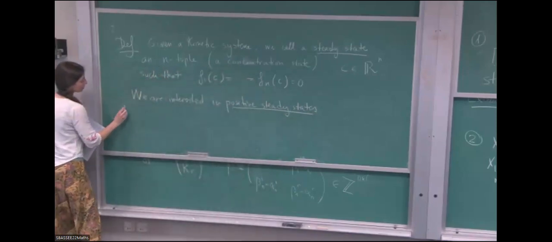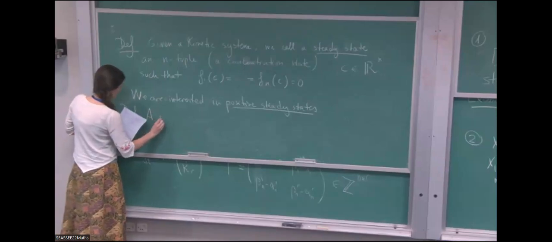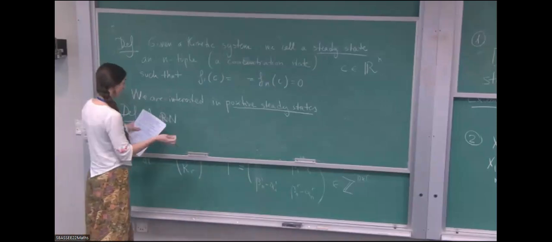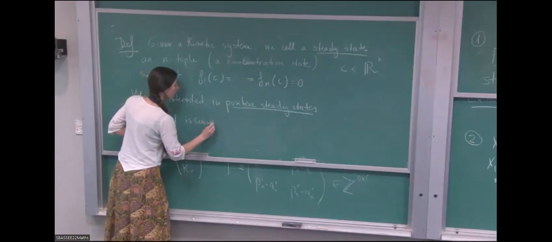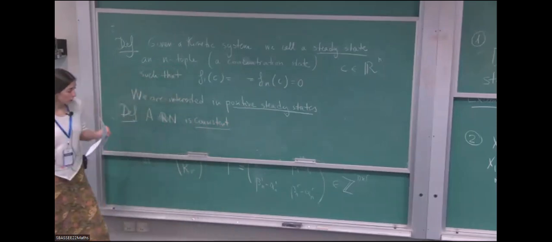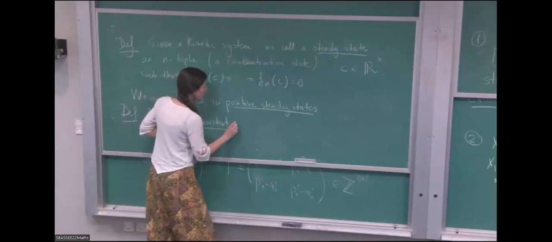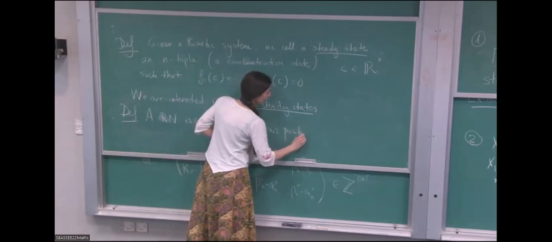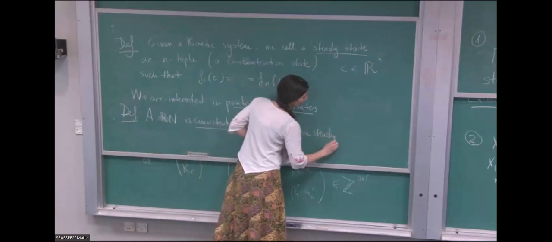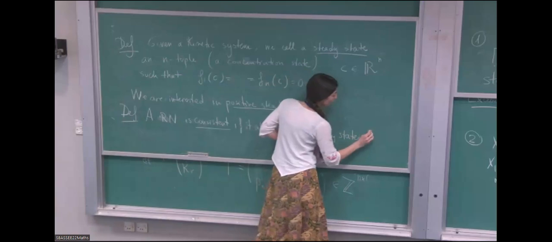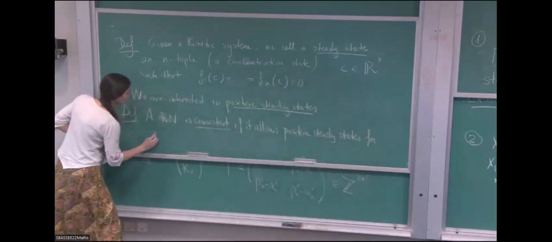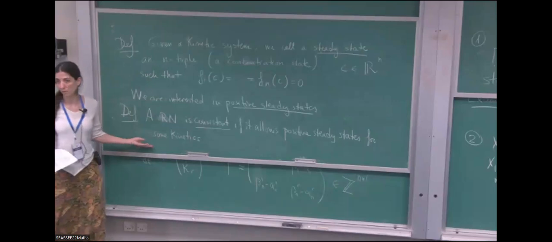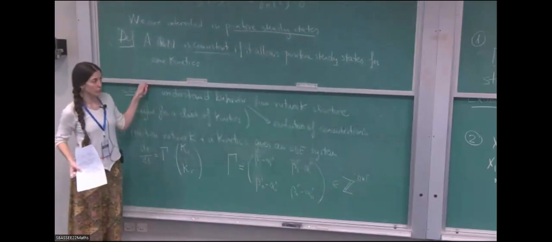And I will say that a reaction network is consistent with some kind of kinetics if it allows some positive steady states. So there are actually some solutions to these equations.